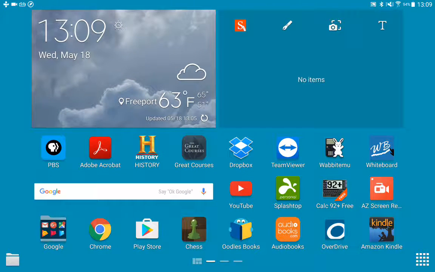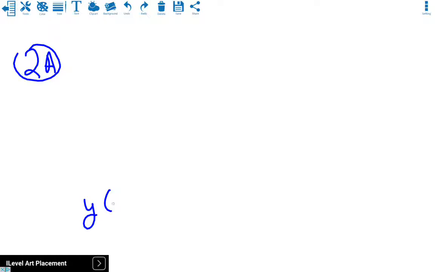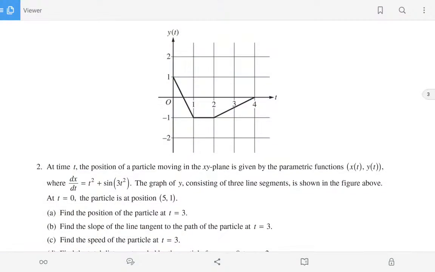Let's start with that. Okay, so 2a. I've got y of 3. Y of 3 is -1/2 from the graph. Done. Now, what's x of 3? Well, remember that they gave you x prime is t squared plus sine of 3t squared.